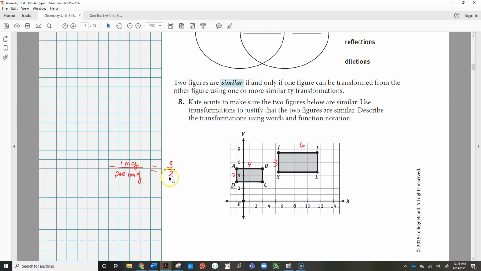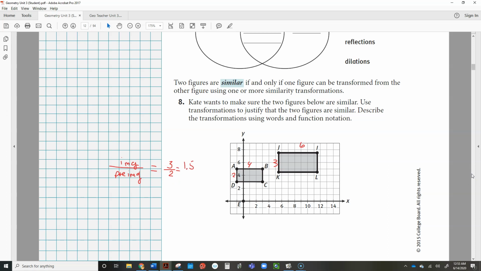The original one should always go on bottom. I chose to put the short side over the short side so I wouldn't have to reduce. If you put 6 over 4, it reduces down to 3 over 2. So the scale factor right here is 3 over 2, or think of it as 1.5.